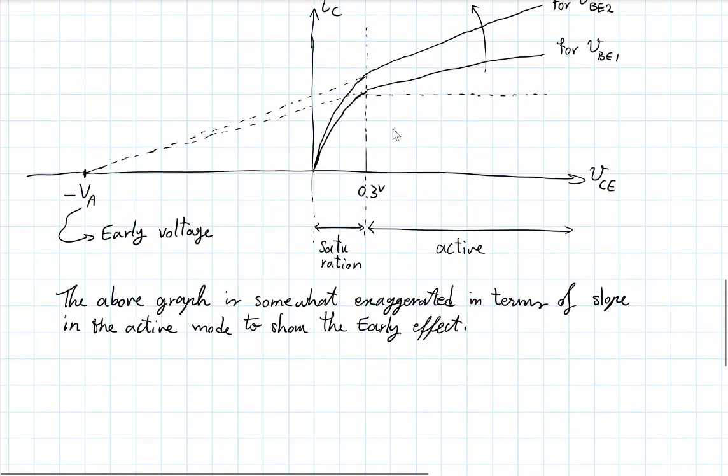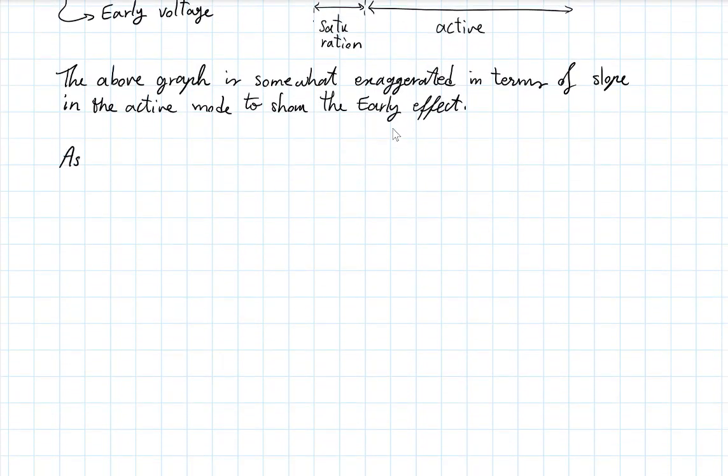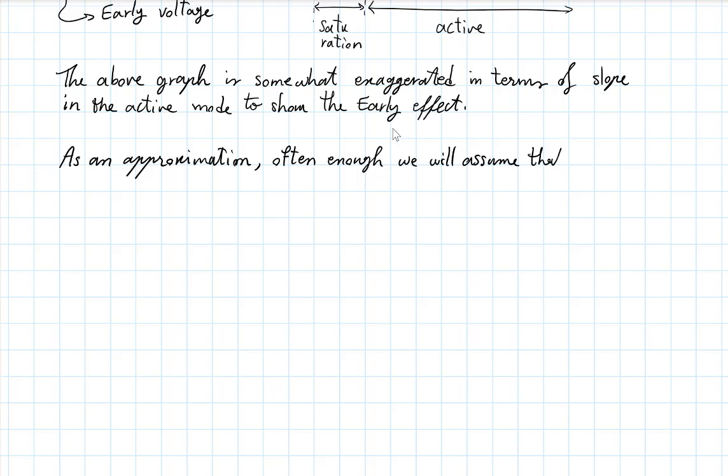As an approximation, very often we'll assume that the characteristics are flat in the active mode. A horizontal line.